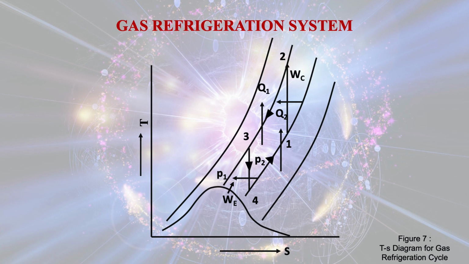Here again at the point 3 to 4 there is expansion of the air in the turbine or expander, thereby the temperature drops down. Because of the low temperature it can extract heat from the confined space, because heat will always flow from a high temperature region to a low temperature region.